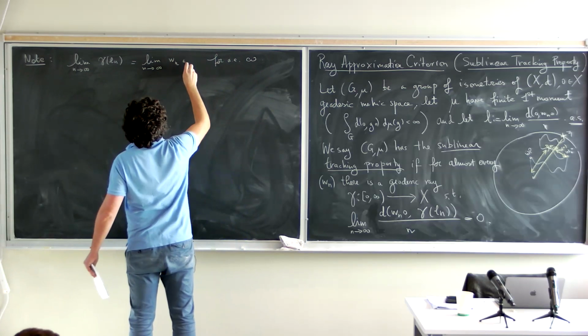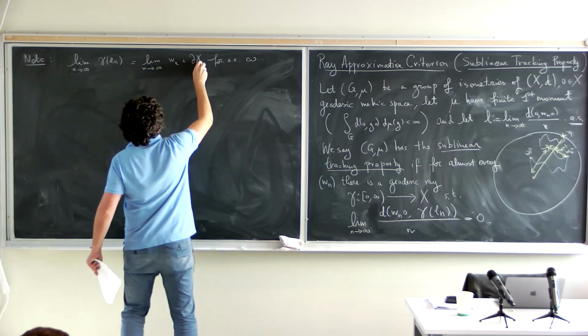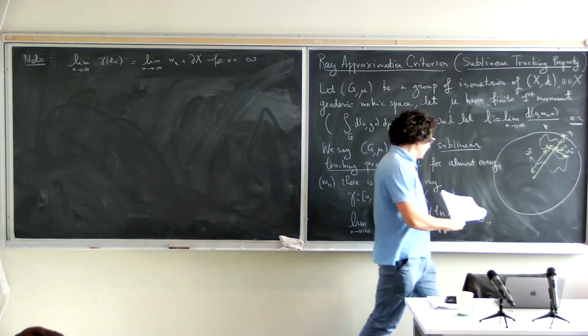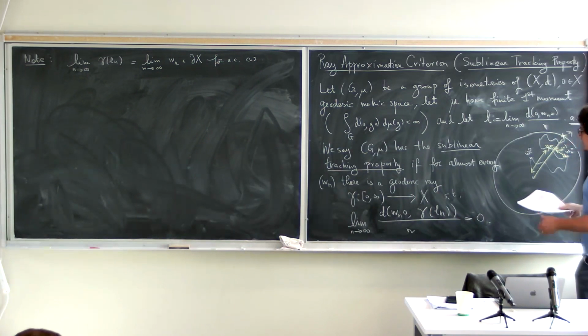This is in the boundary, so this might slightly depend on the compactification. But of course, the other thing we want is that this geodesic ray converges to the boundary point that you want.